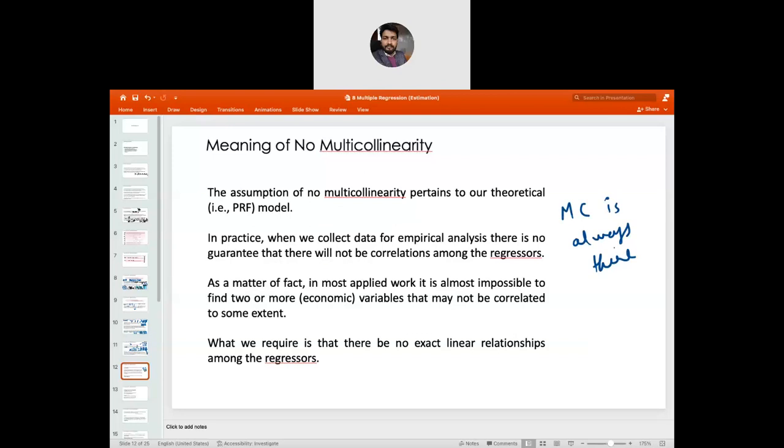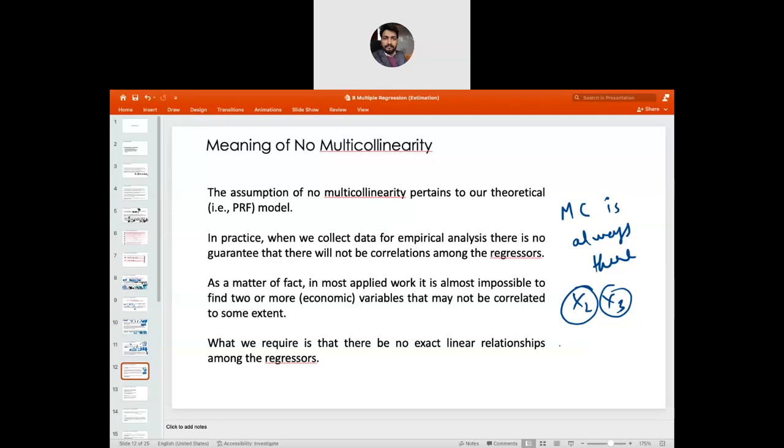Because if there are any two variables in the world, they would be at least weakly related, right? And generally in economics, we work with economic variables, and you already know, being students of economics, these economic variables are so much intertwined and interrelated.